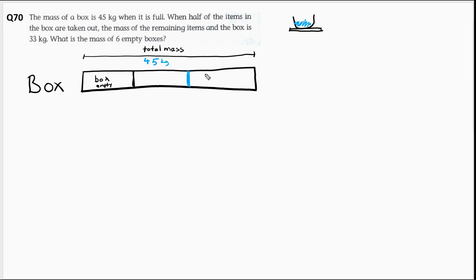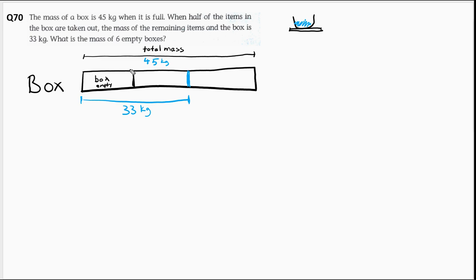So half of the items are taken out and the mass of the remaining items and the box is 33 kilograms. So this bit here to here is 33 kilograms.